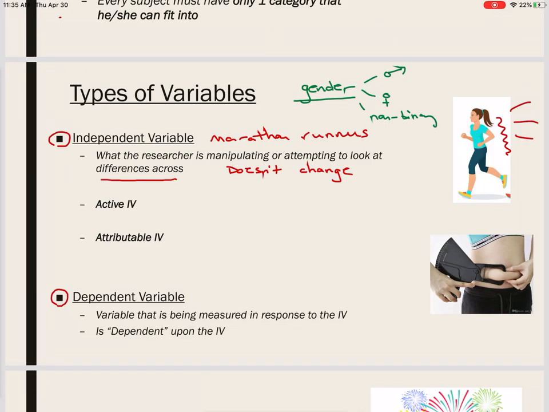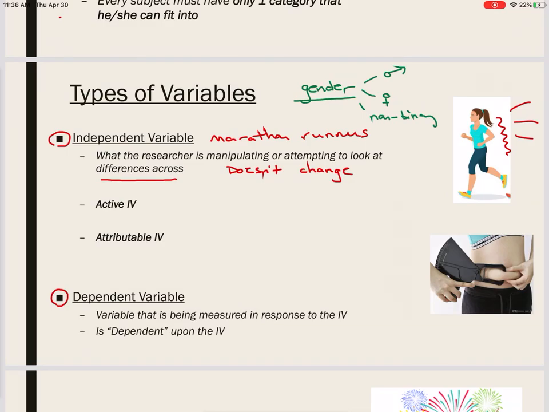Sometimes the independent variable, you might be manipulating it. So maybe I have an independent variable where it's training level. Let's say that I'm looking at marathon running performance and I want to look at the influence of different types of training. So my independent variable is type of training, and I have different levels. Maybe I have an interval training program, and then I have a base training program.